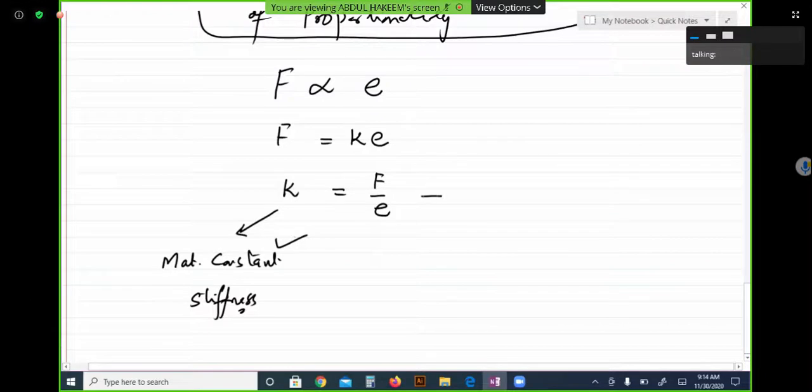Now, what is the material constant? Look, force in Newton, extension in meter, so the unit is Newton per meter.